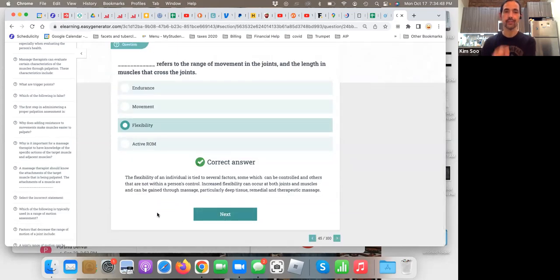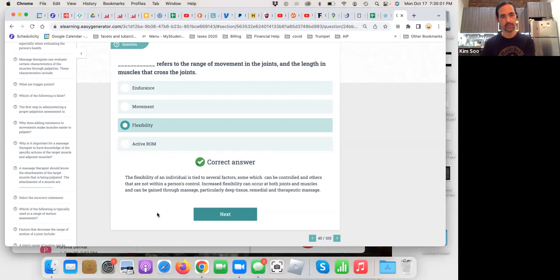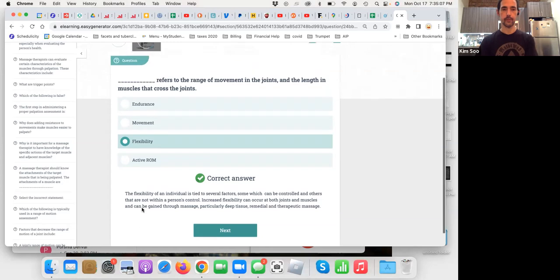Yeah, the flexibility of an individual is tied to several factors, some of which can be controlled and others which are not within a person's control. Increased flexibility can occur both at joints and muscles and can be gained through massage, particularly deep tissue, remedial, and therapeutic massage. So the difference here is that flexibility is something that would be demonstrated through active range of motion.